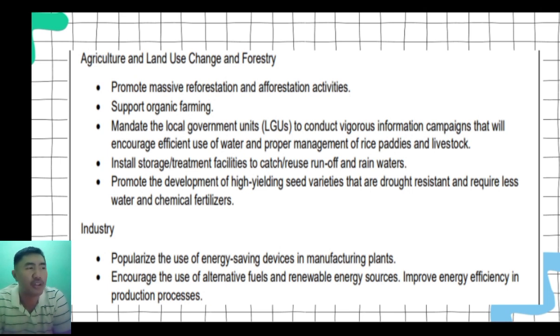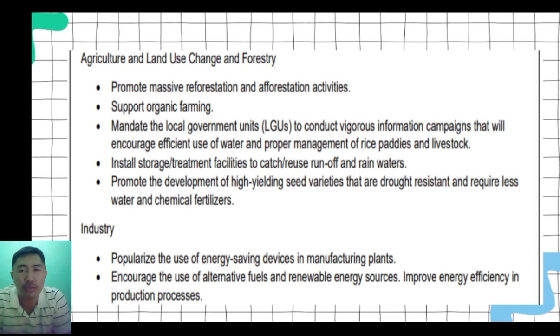install storage or treatment facilities to catch or reuse runoff and rainwater. So it's very nice because if we maximize the rain, we can use that for our plants, for our animals, especially if there's no water.